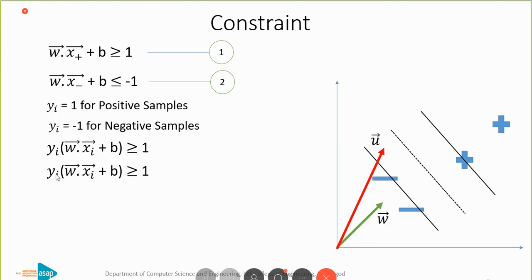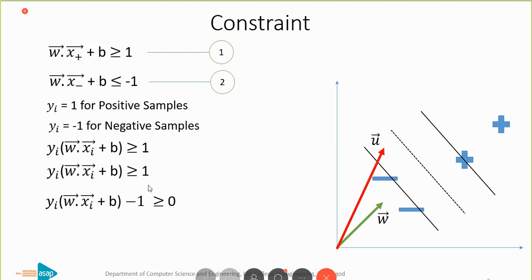So the equation will become yi into w dot xi plus b greater than or equal to 1. Look at these two equations now. Are they the same? Yes, they are the same. Now you have a single equation with you.